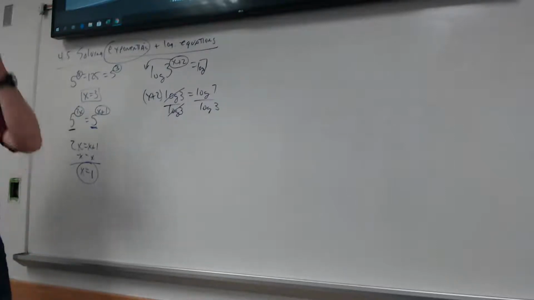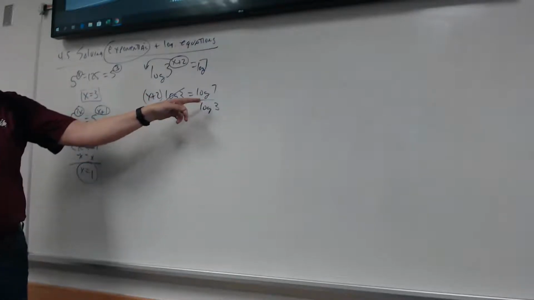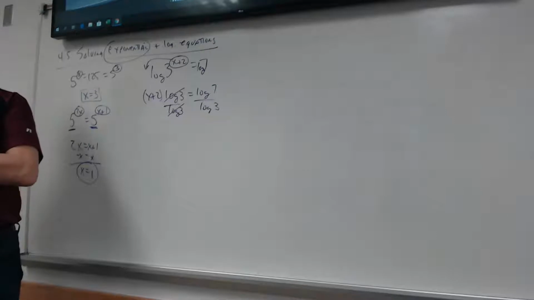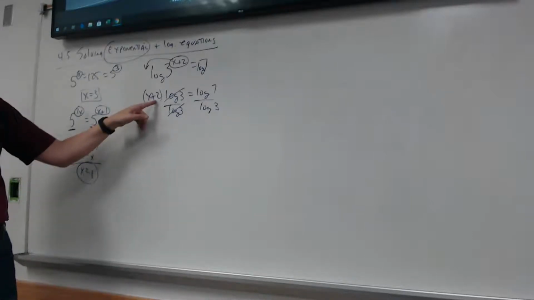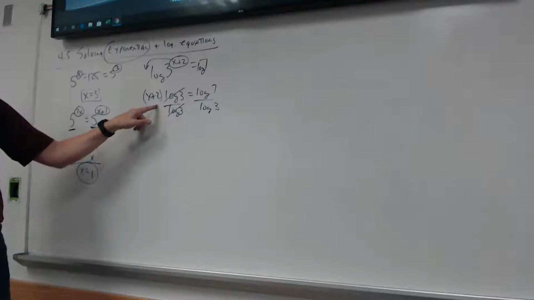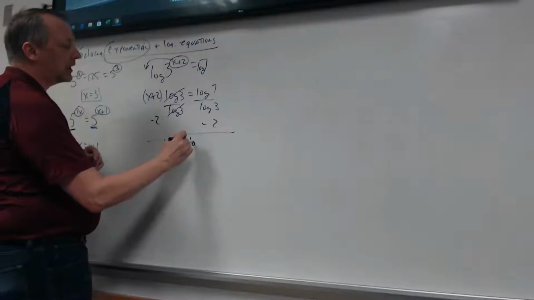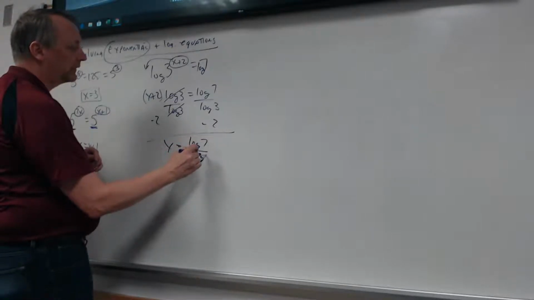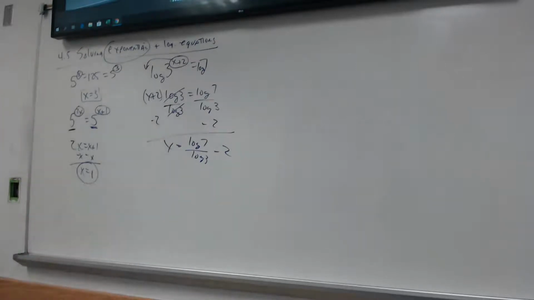You could rewrite that as log base 3 of 7, but most of you don't have a log base 3 on the calculator, and if you do, you probably will leave them. I got to get x all by itself first. Minus 2. So this becomes x equals log of 7 over log of 3 minus 2. Now at this point you can put it in your calculator.